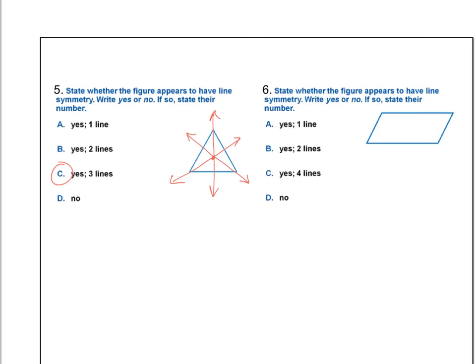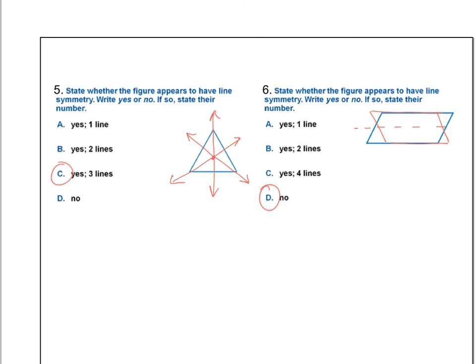And for number 6, I'll give you another second if you need to pause the video. Number 6 is actually none. If you tried to cut it here, when you fold it over, it would actually go kind of like this and it would not match up. See how the corners wouldn't match up?